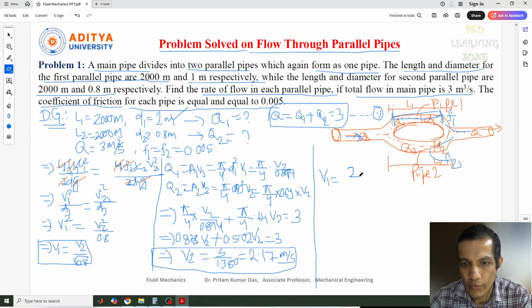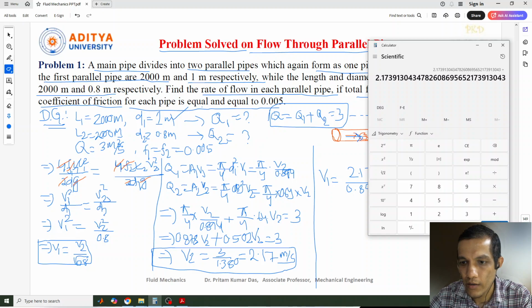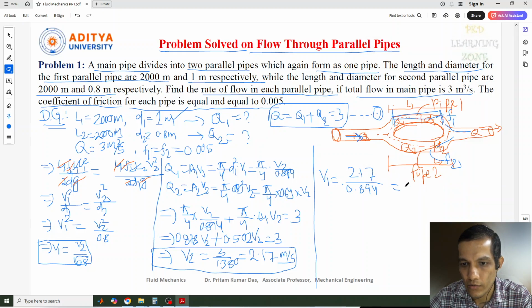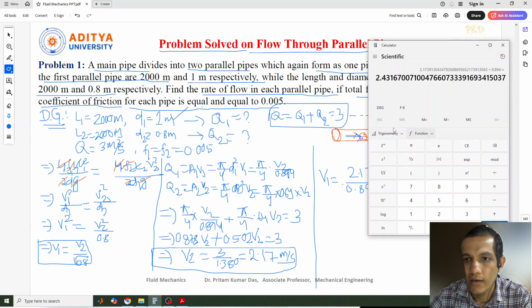So this is 2.17 divided by 0.894, and if you divide this, we get 2.432 meter per second. Okay, anyway the same thing.